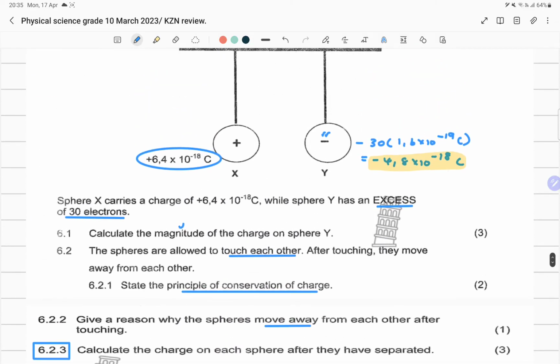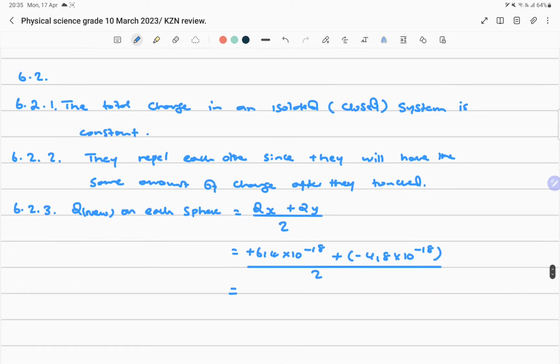Okay, so let's do it. So this is 6,4 times 10 to the minus 18 minus 4,8 times 10 to the minus 18, then divide by 2. So we're getting a plus 8,00 times 10 to the minus 19 coulombs.